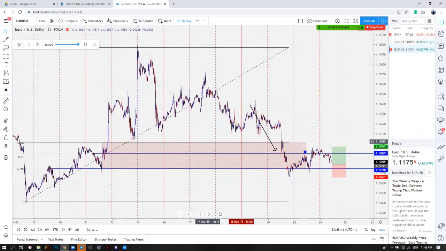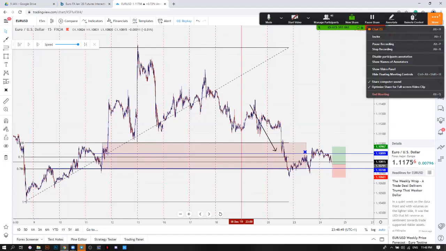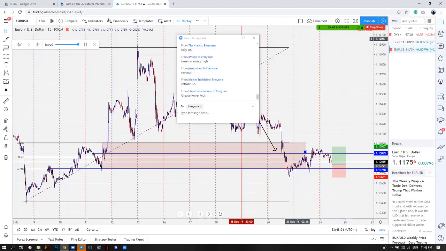Old highs. So what order are you going to target if the week is going to be bullish? Where's your first TP going to be? Let's see responses. Where is your first TP going to be if you're going to buy this market? Where would your TP be?